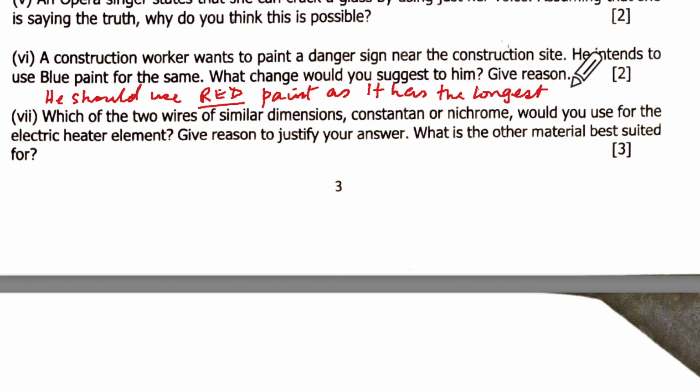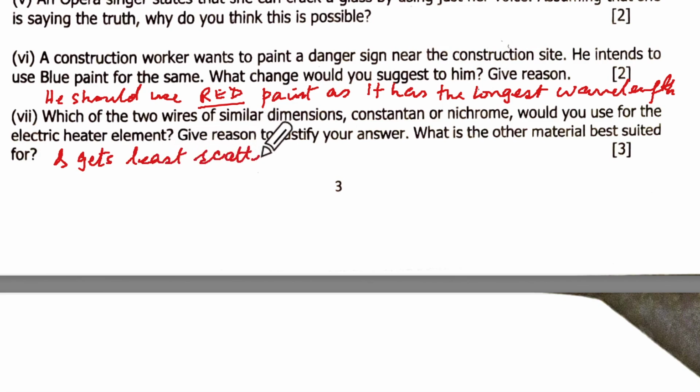Longest wavelength and gets least scattered, correct? Least scattered.